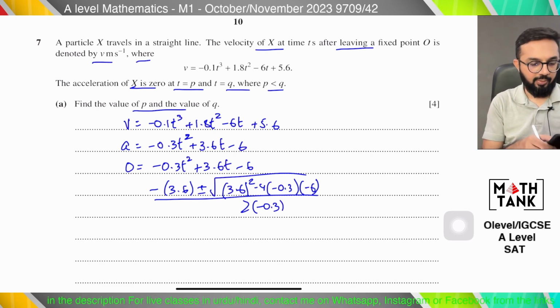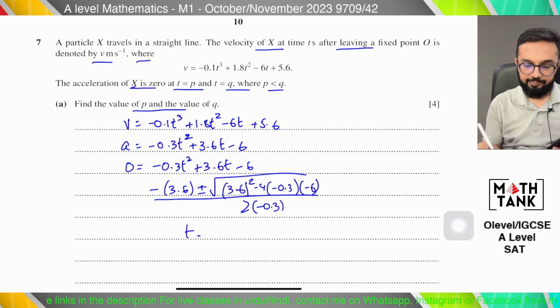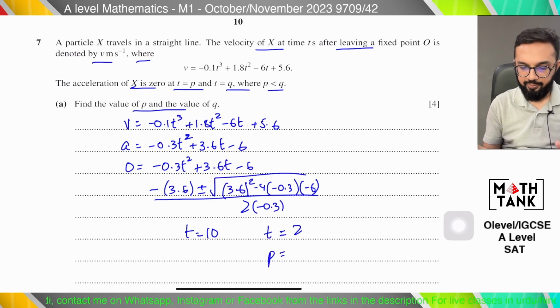Putting that on my calculator gives me 10 and 2. So p is less than q, so this is p and this is q.